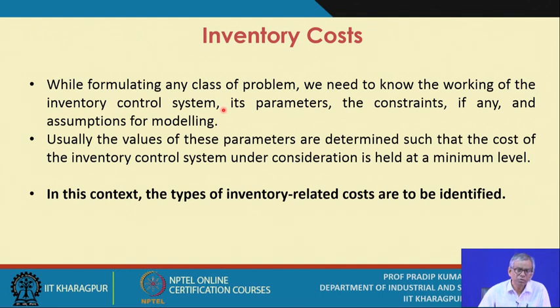So the first thing I must do is draw an inventory profile, the diagram, as per a particular inventory control problem. When I look at the inventory profile, I'll get an idea of what kind of problem I must deal with. This is the way we should proceed.